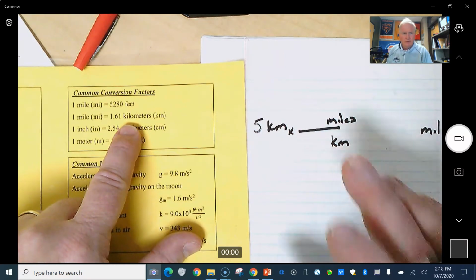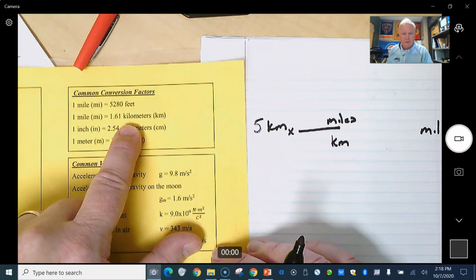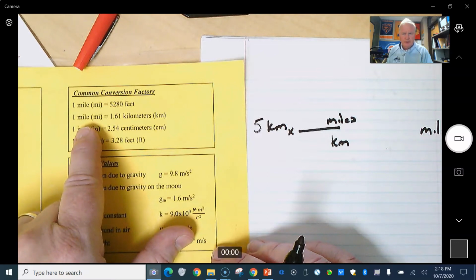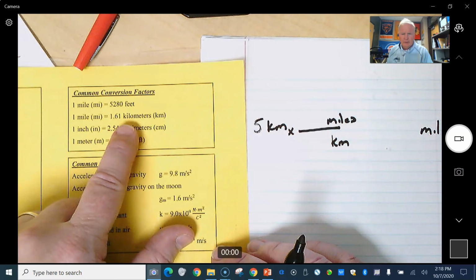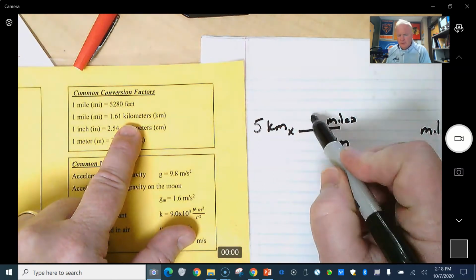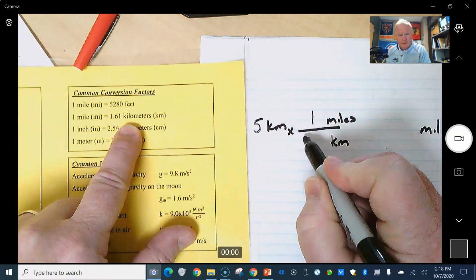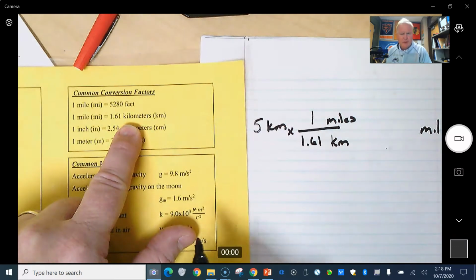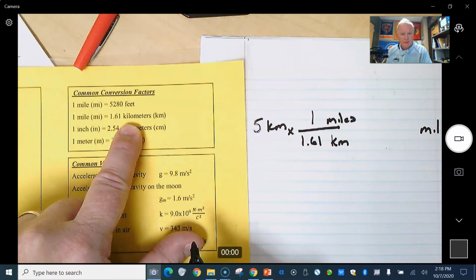And so what we do with our conversion factor is we just simply write it like it sounds. 1 mile equals 1.61 kilometers. So 1 mile equals 1.61 kilometers. And now we're ready to do the math. It's as simple as that.